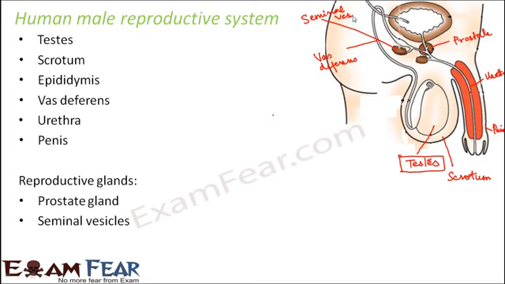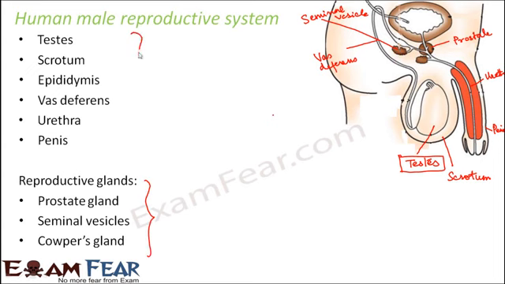And you have another gland, that is the Cowper's gland, or it is also known as the bulbourethral gland. So this is another gland. These are the three glands which play a very important role in the process of gametogenesis in case of human males. Now, we will talk about each of these parts in more detail.